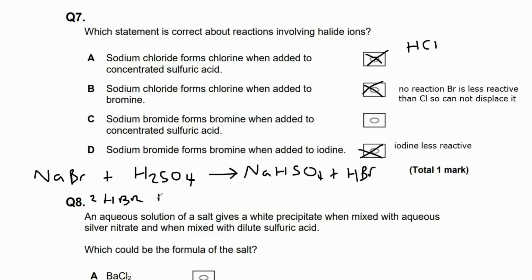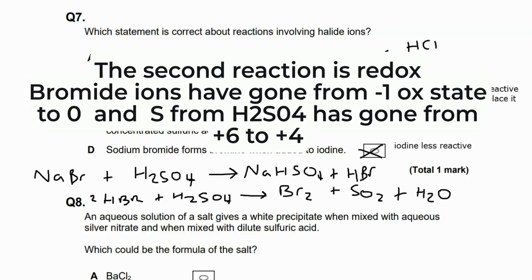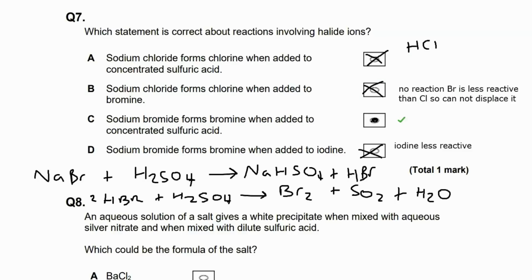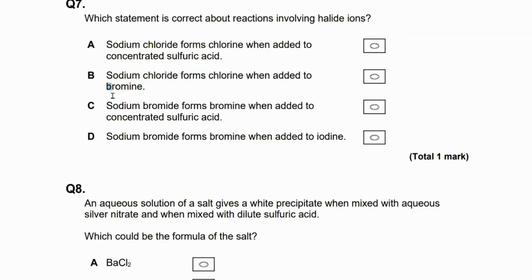When sodium bromide reacts with sulfuric acid, it's going to form sodium hydrogen sulfate, or you can say sodium sulfate, Na2SO4, and it's going to form hydrogen bromide. And that is the first step of the reaction, and that is not a redox reaction. But then it has a second reaction where hydrogen bromide reacts with excess sulfuric acid, and it's there that we get the bromine released.